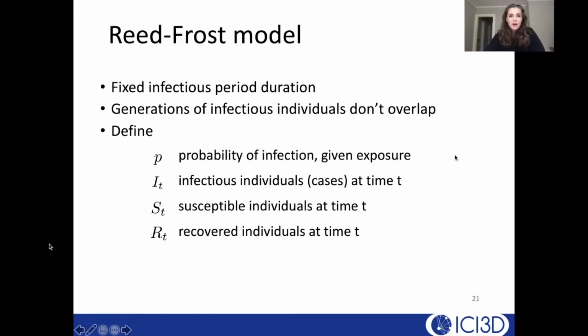So moving on, the basic Reed-Frost model definition. In its most basic form, there's a fixed infectious period duration, and generations of infectious individuals don't overlap. What this means is that if an individual is infected at time t, by time t plus 1, they are recovered.